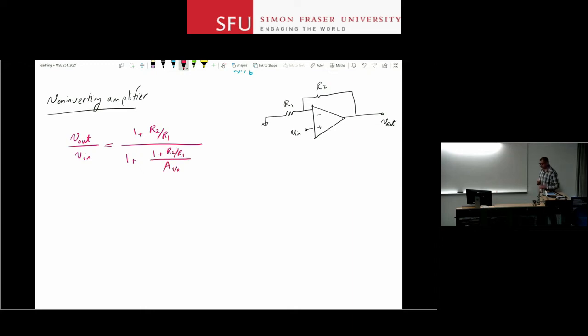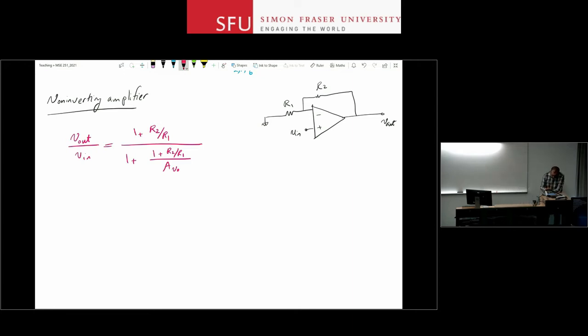So we saw that before. For an inverting amplifier, the numerator here would be minus R2 over R1, but the denominator is the same.